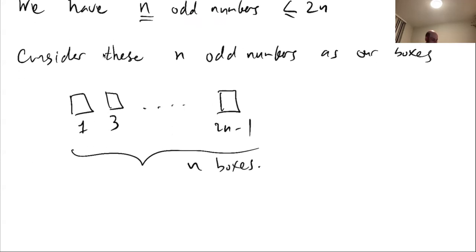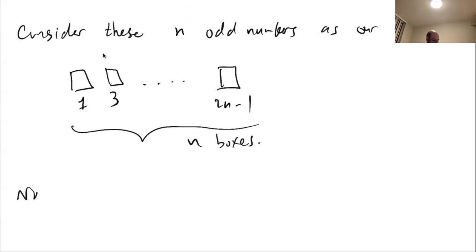Okay. So I have n plus 1 objects now. We have n plus 1 numbers, the AIs, with n boxes.